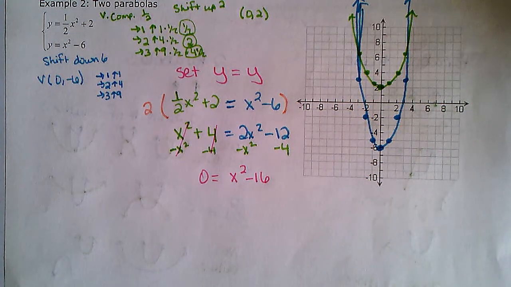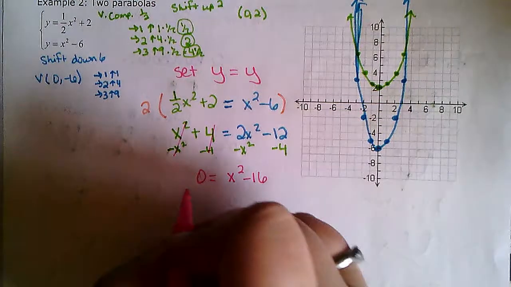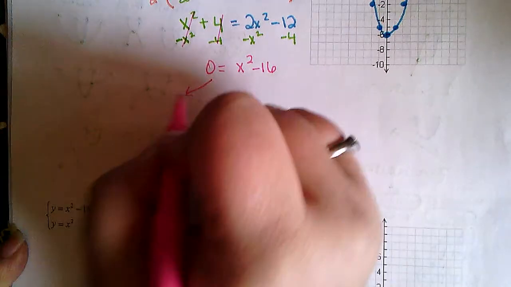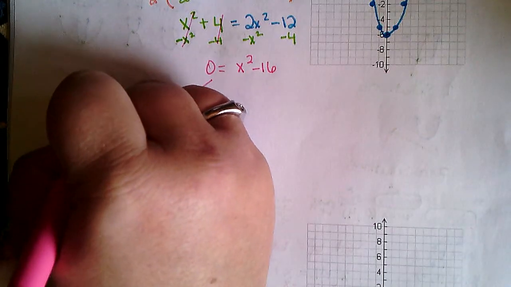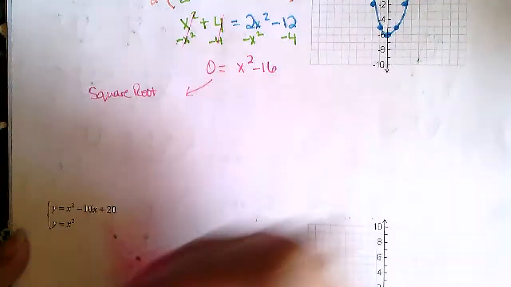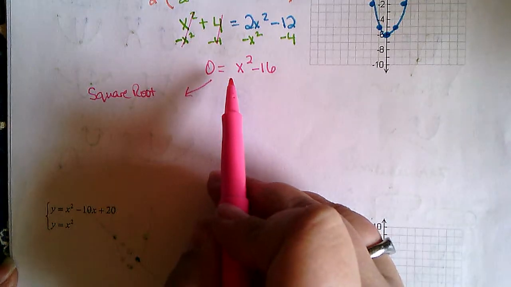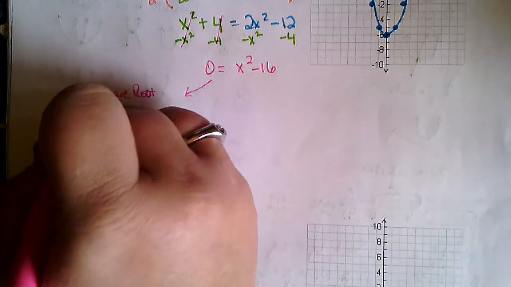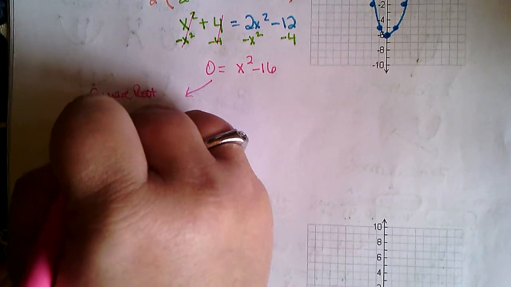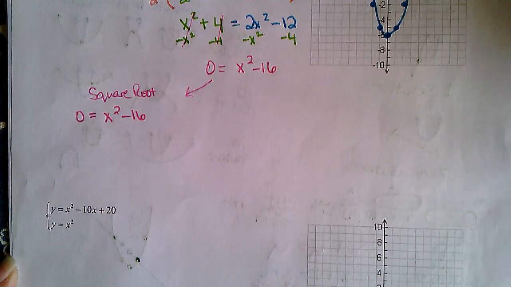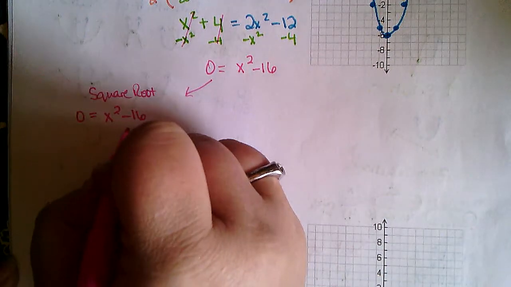So actually, I can see 2 easy ways to solve this, and I'm going to show them both to you. The first one is the square root method. I recognize that this was going to be the square root method because x squared is a perfect square and so is 16. With the square root method, the thing that I'm trying to isolate is the variable that is squared.